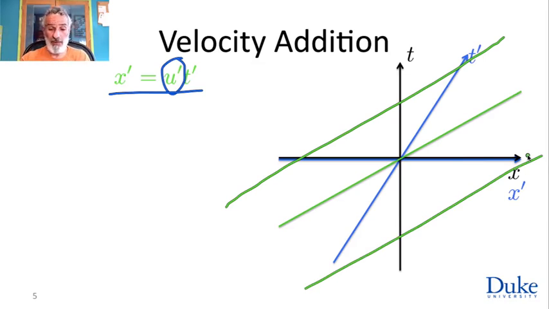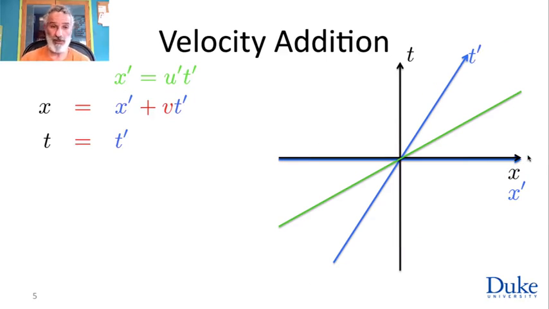And so, how do we transcribe the motion as seen by the moving observer to the motion as seen by the black observer? Very easy. We know the relation, we wrote it in general, between the coordinates as observed by the observer in black and those as observed by the observer in blue. And given x prime and t prime, you can figure out x and t.